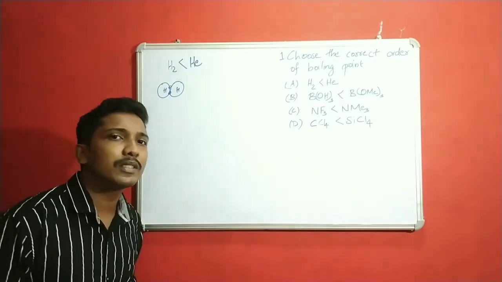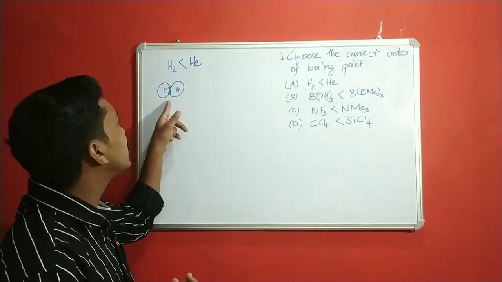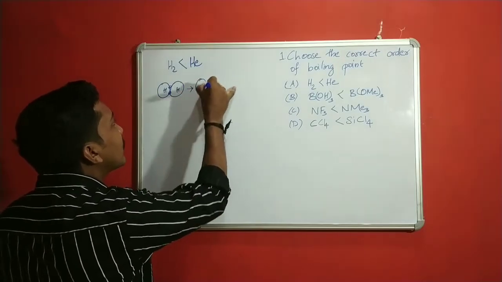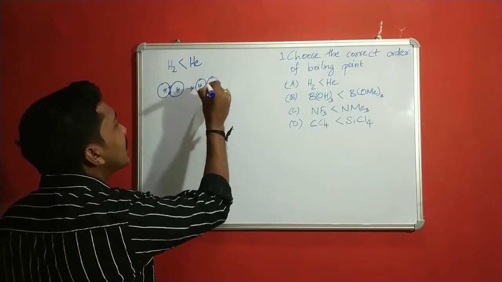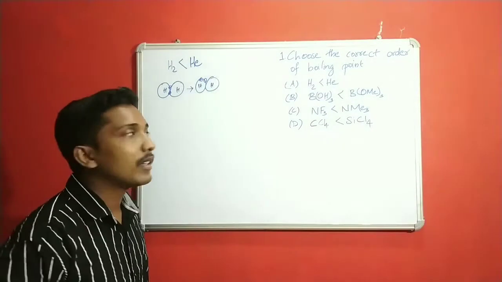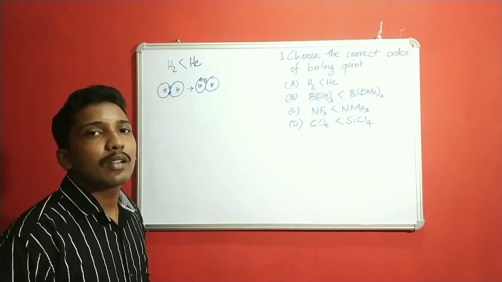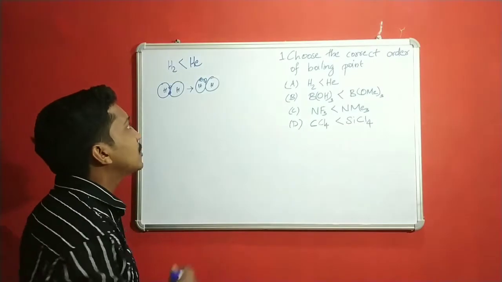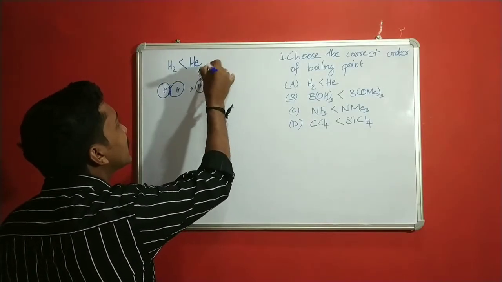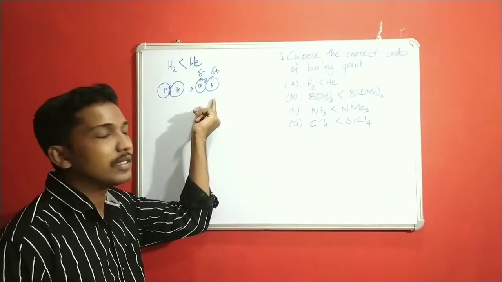Due to some fluctuations in the distribution of electrons in this molecule, it gives rise to another structure in which two electrons are present on one hydrogen and the other hydrogen loses the electronic presence. In that case, this will get a partial positive charge and this will get a partial negative charge. So this is the instantaneous dipole.